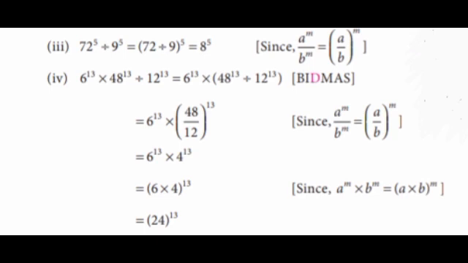So what can we write in the next step? 6 power 13 into 4 power 13. See, the powers are 13, so we can multiply 6 and 4 together. 6 into 4 the whole power 13. 6 4s are 24, the whole power 13. In this problem, we used a power m into b power m equals a into b the whole power m.